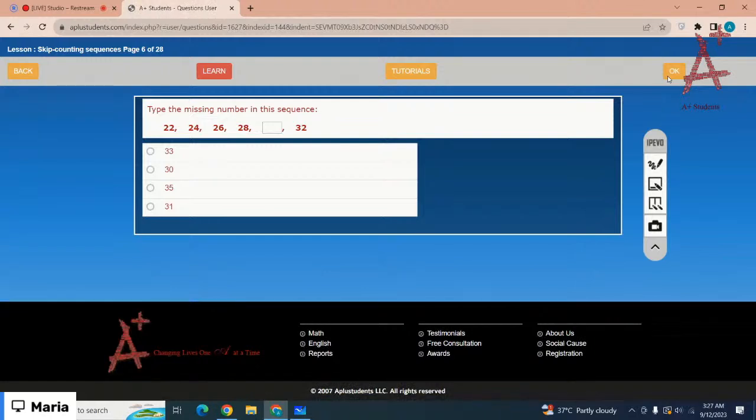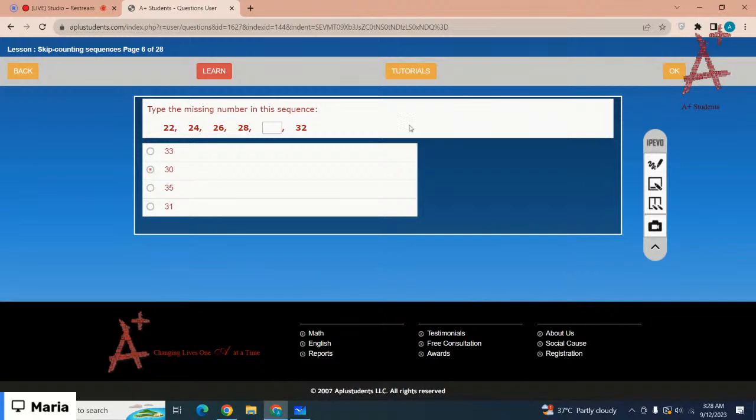Type the missing number in the sequence. So which is the correct option? Yes, the correct option is 30.